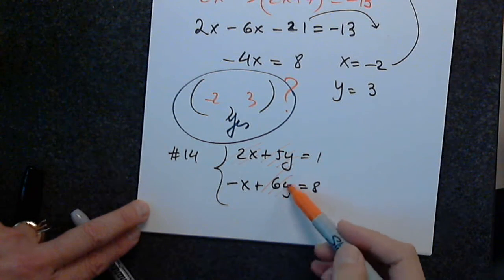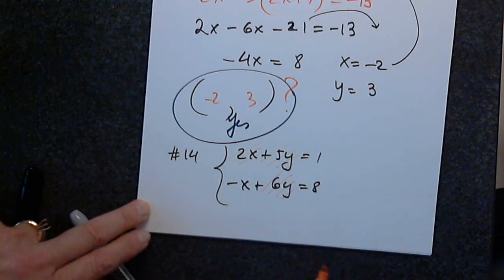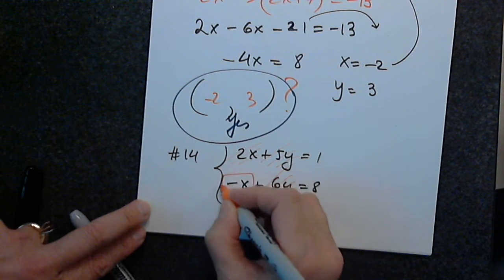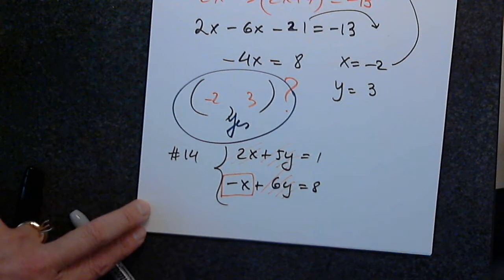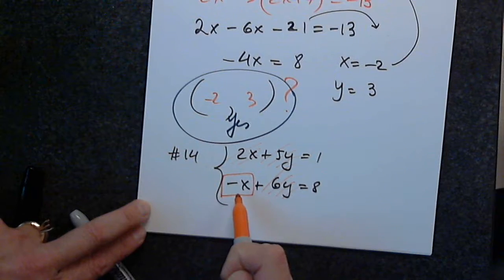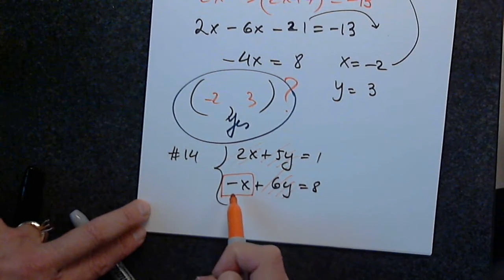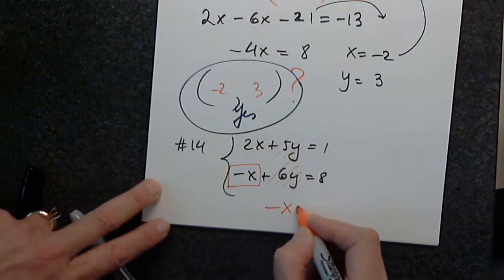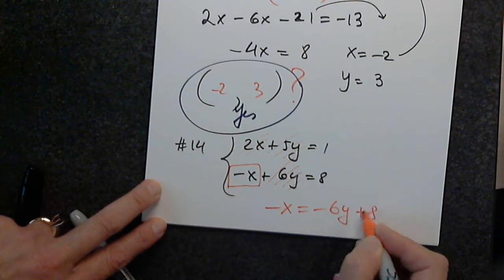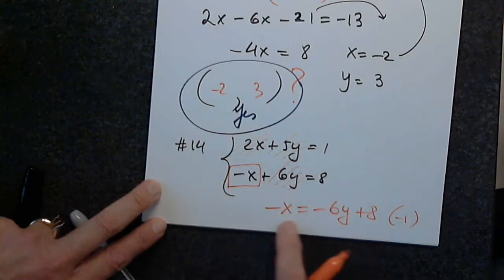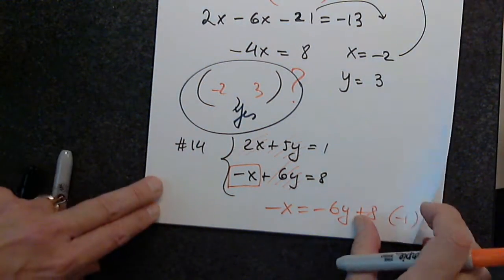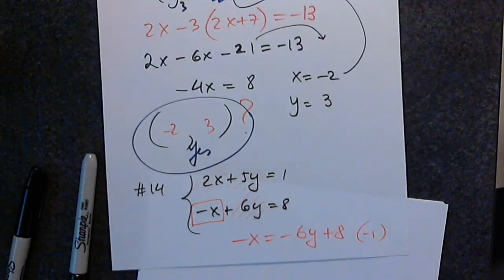I refuse to do the same thing with 6y. The only one that is worth our while is the one with a coefficient of 1 or -1. So in this case, I have -x equals -6y plus 8, and I will multiply by -1. I get x equals 6y minus 8.